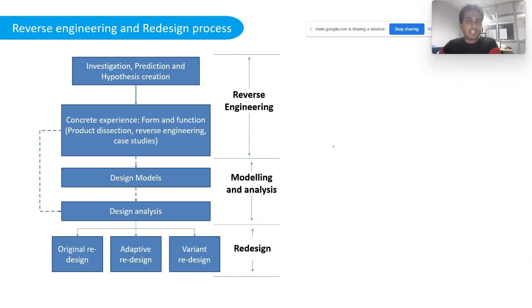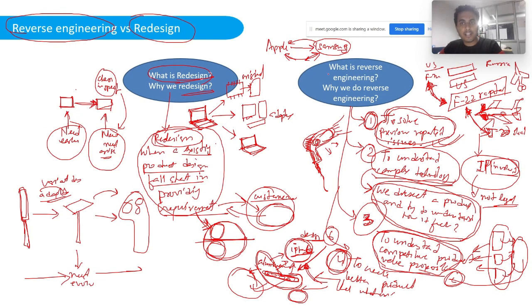So basically, I just want to mention that reverse engineering itself has these four different motivations, and redesign again has different motivations. Redesign means when there's a problem with the existing product which falls short. Similar to that, we have something in reverse engineering also.